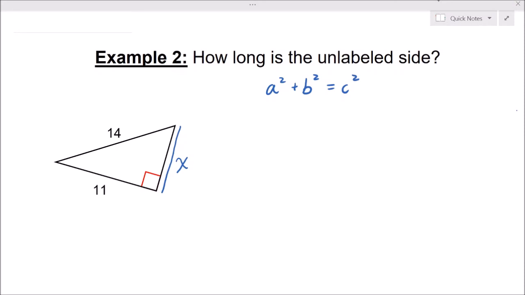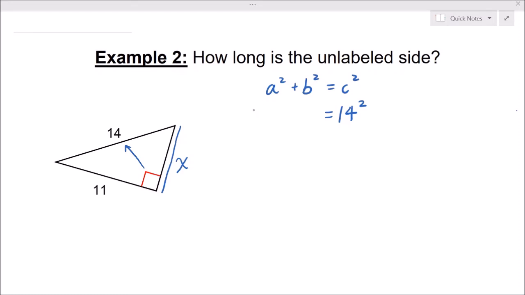And again, you have to be careful which side length you plug in for c. Because again, c is always the one opposite the 90-degree angle. So here's the 90-degree angle, opposite that is a 14, right? So first off, we're going to replace the c with 14 to get c squared becomes 14 squared. And then the other two side lengths are a and b. And again, you can do them in any order. So let's just start with 11.